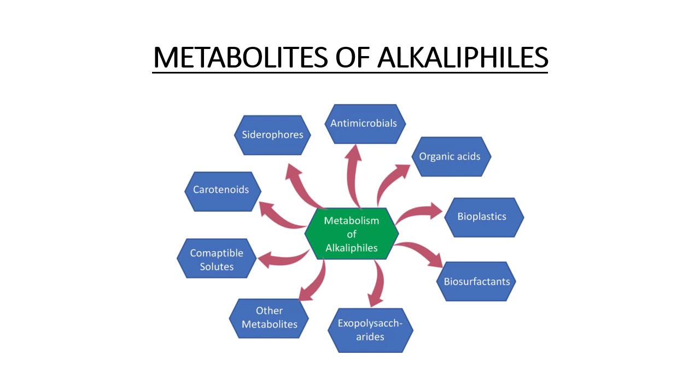Pharmaceuticals includes all different types of medicinal industries. So they have siderophores, antimicrobials, organic acids, bioplastic, biosurfactants, exopolysaccharides, other metabolites. You can include enzymes, then compatible solutes, carotenoids, etc. They produce different types of metabolites and they have different properties.